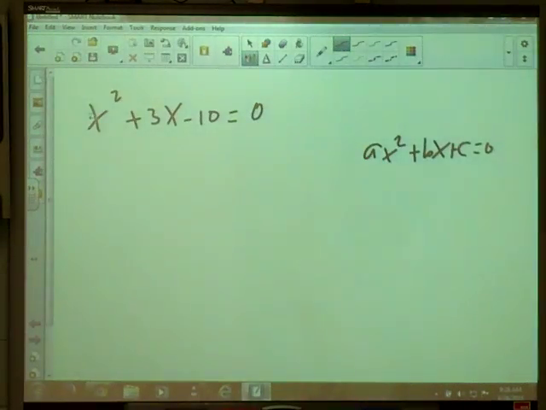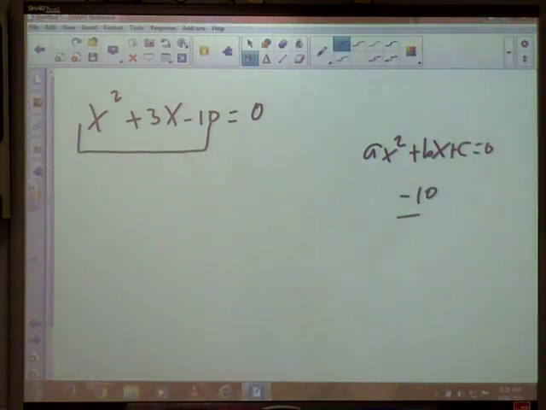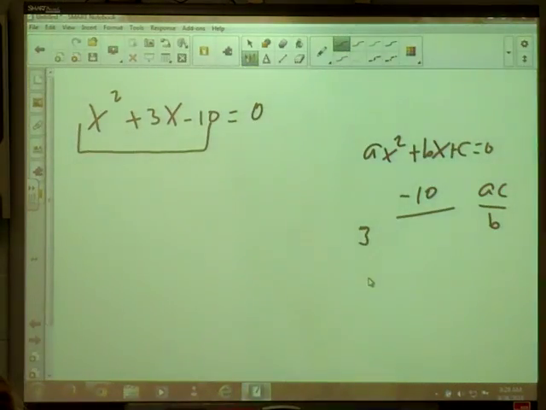In this case, my a is 1. I'm going to do a times c, so 1 times negative 10. I need the factors of a times c, which is negative 10, that add to b. My b is 3. So I need the factors of negative 10 that add to 3.